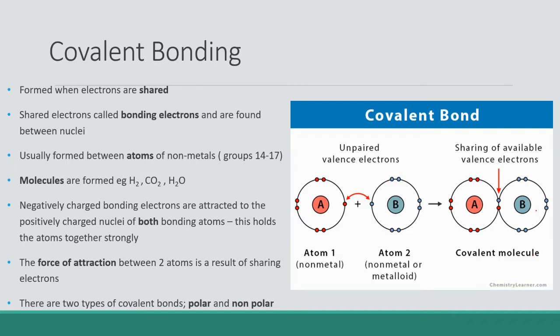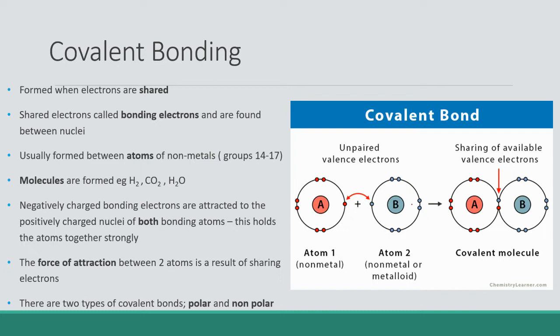If you look at the picture over here, you've got atom A. These are non-metal atoms that share their electrons with other non-metal atoms. You can see this atom has nearly got a full shell. It just needs one more. And this atom B also just needs one more electron for a full shell.